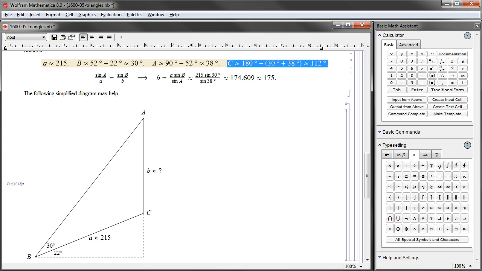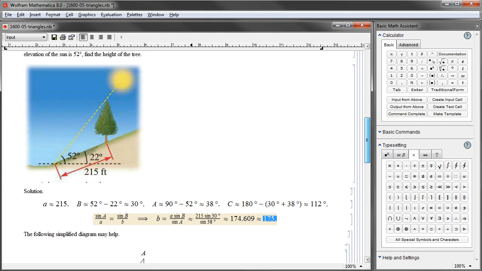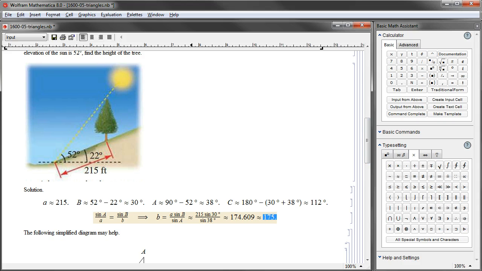And we are looking for small b. So let's find out. Sine of capital A over small a is equal to sine of capital B over small b. You can find the small b value. That's the only unknown value in this equation. And here we go. We end up with 175 feet. That's a pretty large tree.